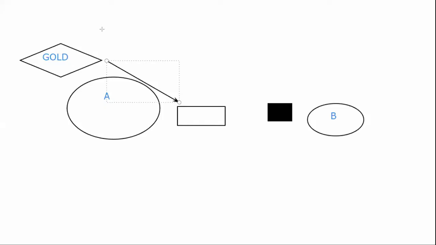So that's simply what the gold exchange standard is. Clear?